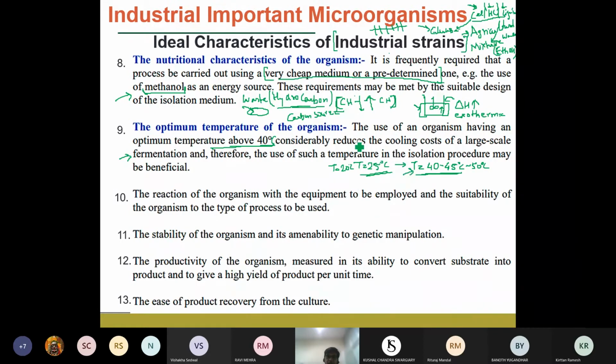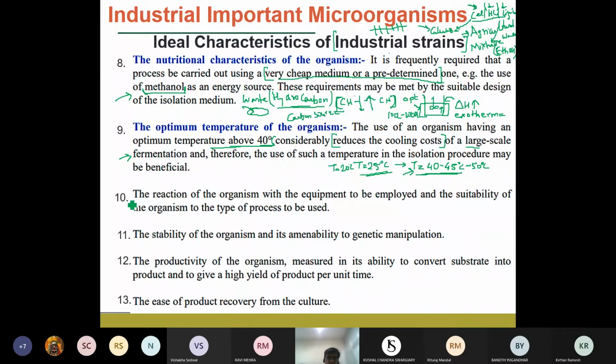What will it reduce? It will reduce the cooling cost that we require, and it mostly matters when we have large-scale fermentation systems. For larger scales, for example 100 to 1000 liter fermenter systems, a lot of energy is consumed to maintain the optimum temperature required for the fermentation process.